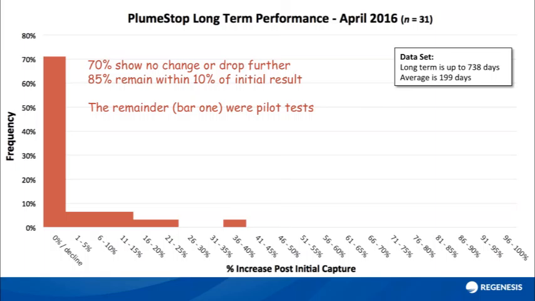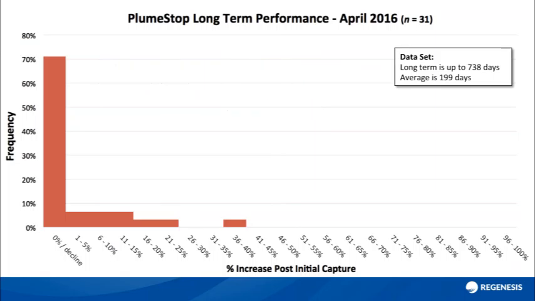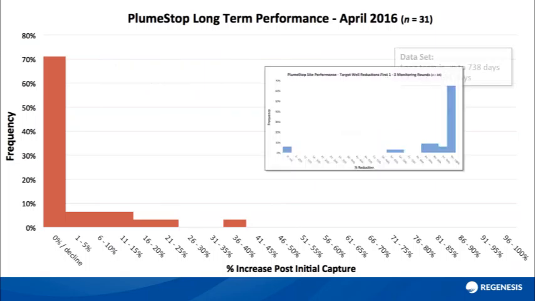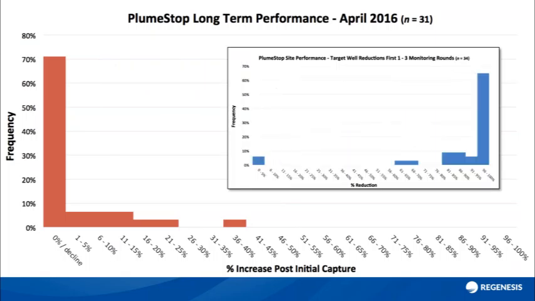Here's the initial capture, and there's the stability. When I look at this, I realize that I can't think of another technology that we have available that has this type of performance record that can reduce concentrations so fast with so little rebound. I've been in the industry 25 years or more. This is really something.